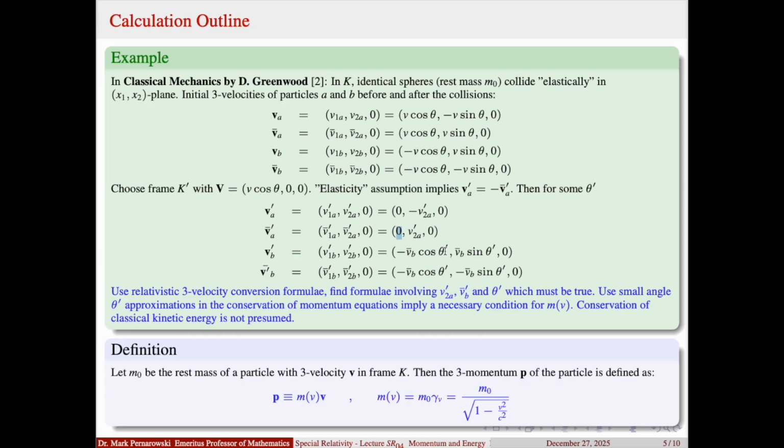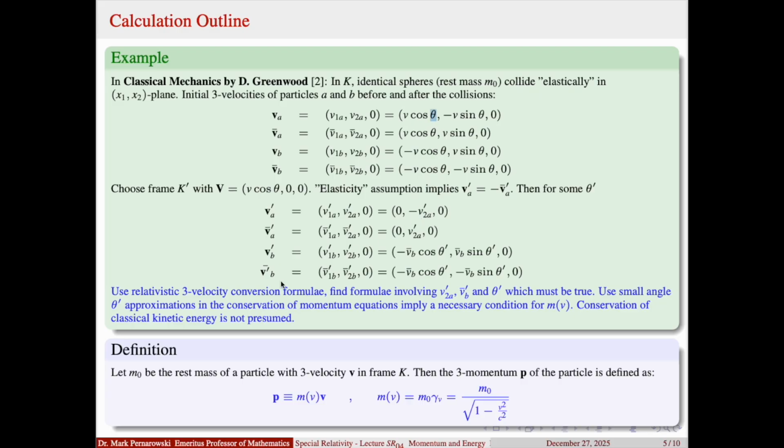If I knew what the angle after in frame K prime was, then I could figure out what the x and y components of each of these velocities were before and after collisions. So that's good. Now, what do I know and what do I not know? I know V. I know the angle theta.